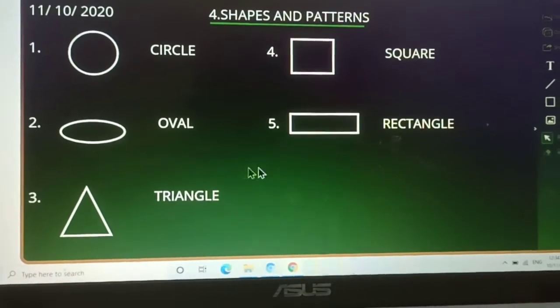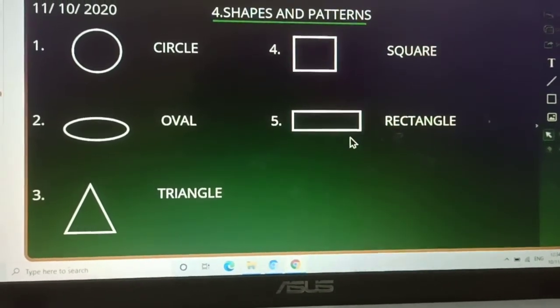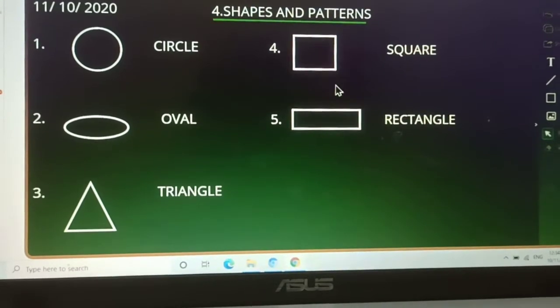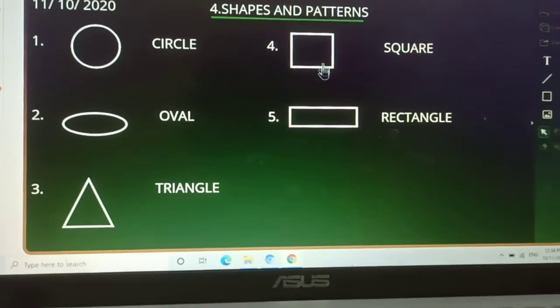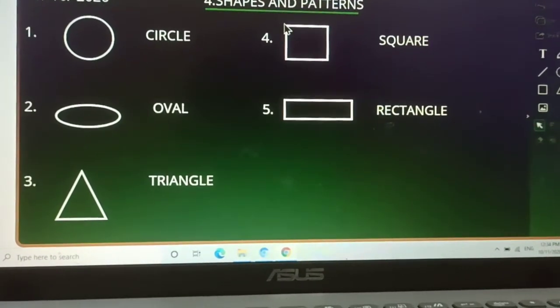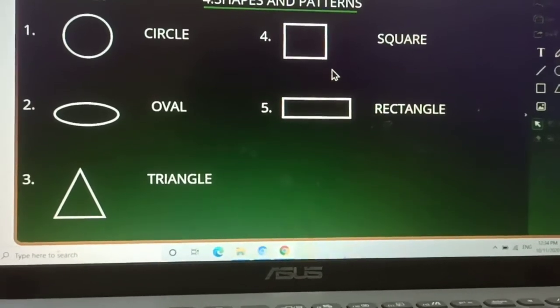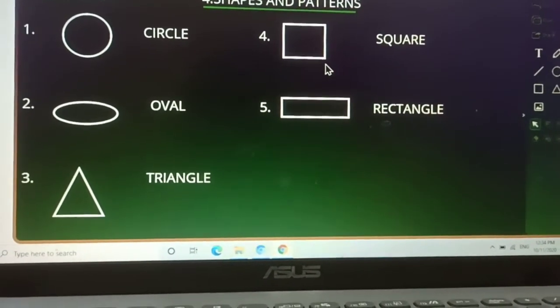Fifth one is rectangle. And you know, what is the difference between the square and rectangle? In square, these we used to call sides. See, all the sides are equal if you measure with the scale.